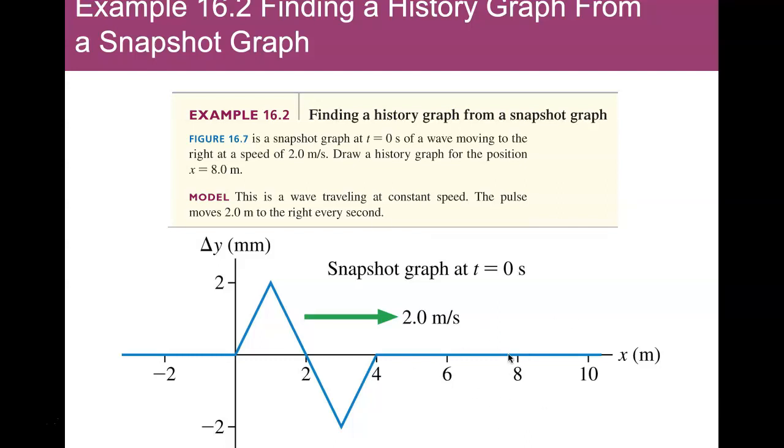When do we first see action at this point, 8 meters away from the origin? Well, the leading edge of this pulse should reach that point, right? The distance is, at t equals 0, 4 meters from 4 to 8. The pulse is moving at speed 2 meters per second, so it's going to take 2 seconds for the pulse to reach this.